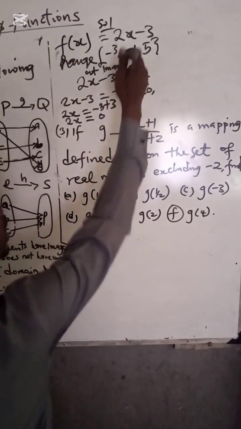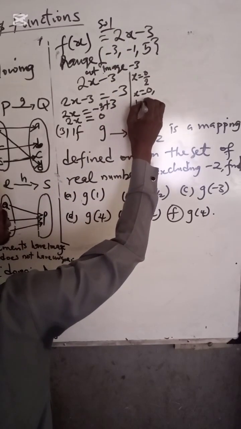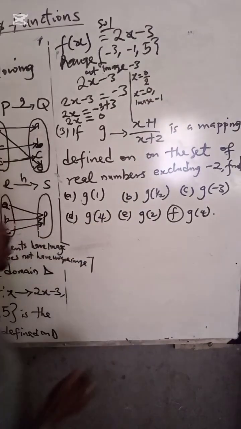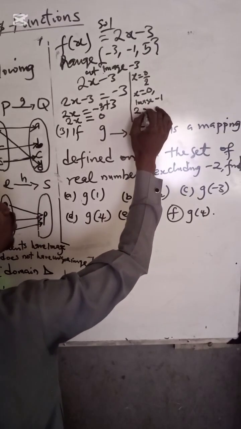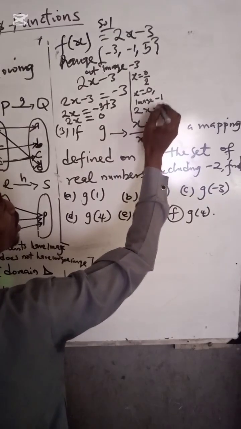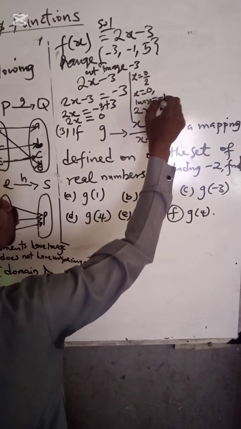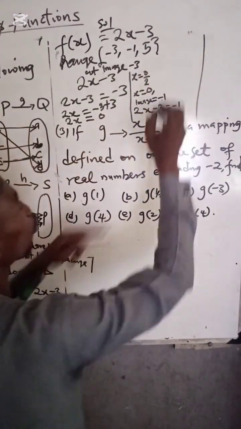Now, at image minus 1, what is the domain? Remember the relation which was given is 2x minus 3. At image equal to minus 1, so we set the image equal to minus 1.